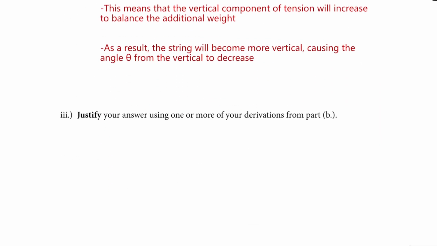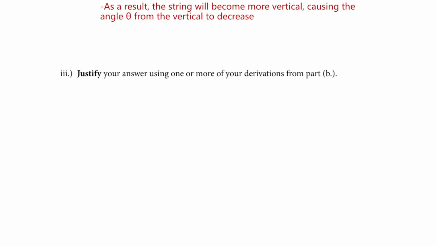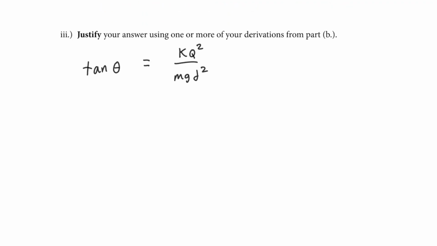And this is much easier to justify quantitatively, because we said earlier that tan theta, the tangent of this angle from the vertical, was equal to kq squared divided by mgd squared. So we can see here that tan theta is proportional to 1 over m. And we did say that d stayed the same.